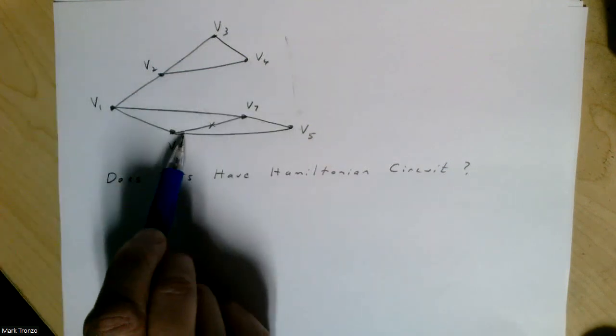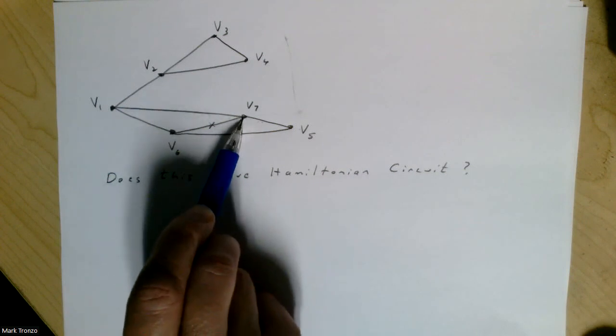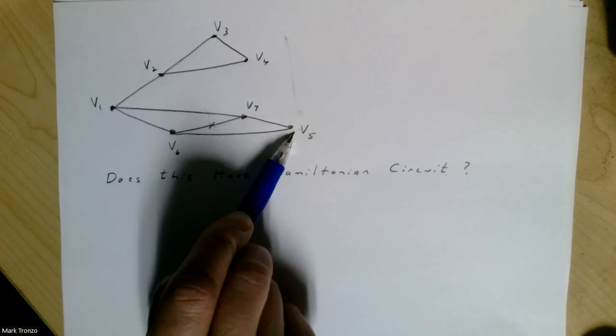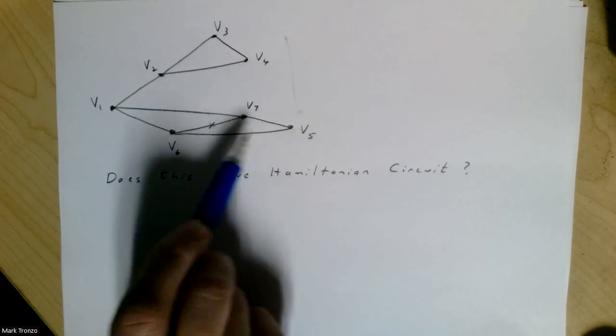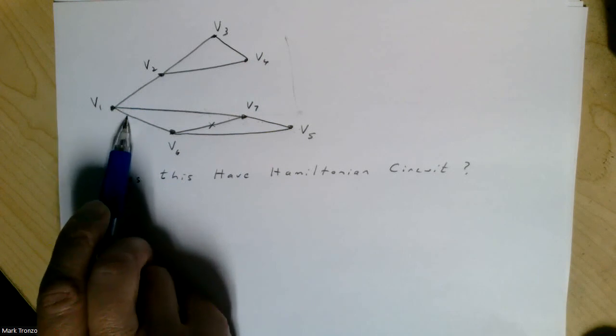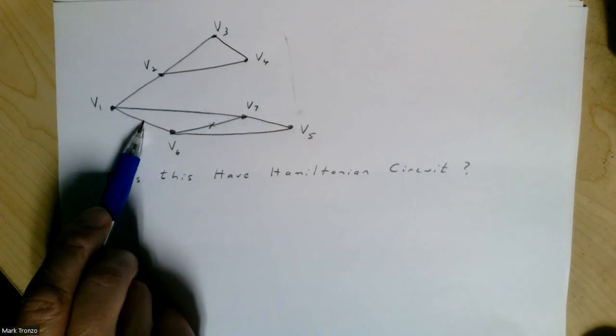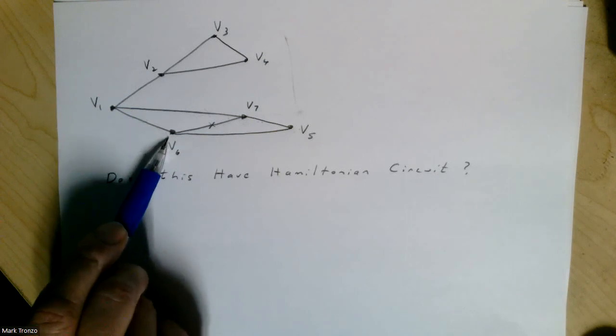So now this has degree 2, degree 2, degree 2. And this one now has degree 3. So we have to eliminate something here. We can't take this one away because V6 is already down to degree 2.